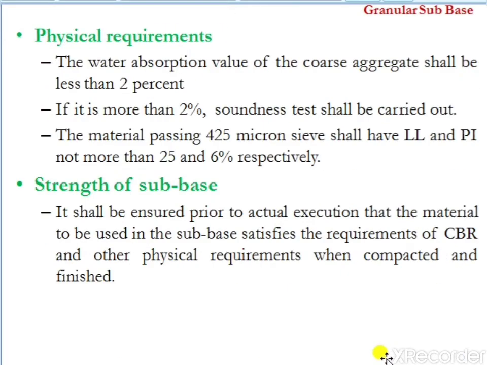The materials used in the construction should achieve that value depending upon their gradation. And after knowing the strength of a material by conducting a CBR test, the material is used in the construction of subbase.